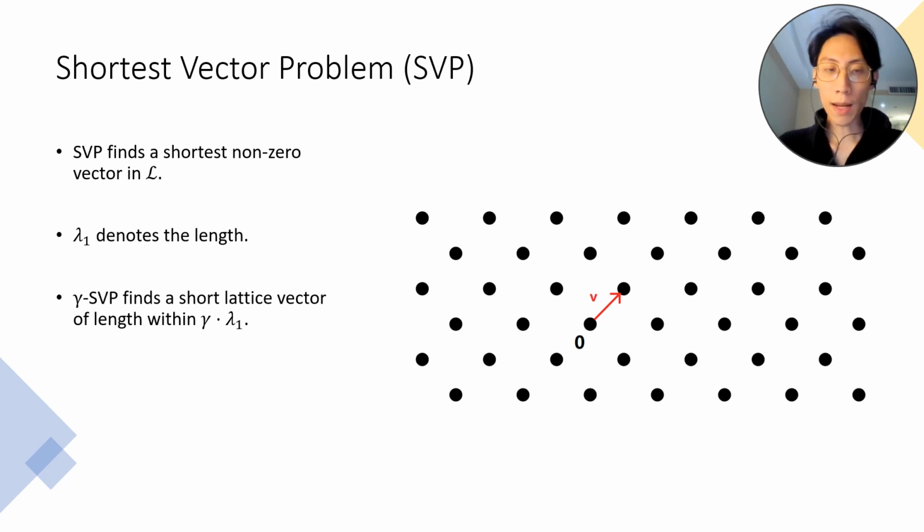So for gamma larger than 1, gamma being the approximation factor, gamma-SVP asks us for a short lattice vector whose length is within gamma times lambda1. So for example here, gamma is taken to be 2, and any lattice vector within this green ball would be a valid solution for the corresponding gamma-SVP instance.